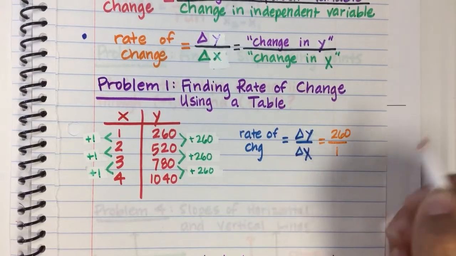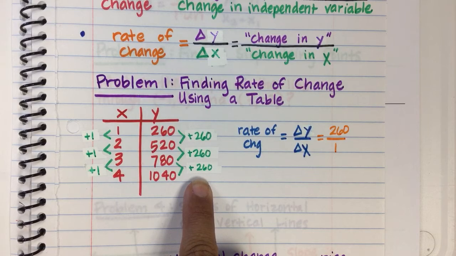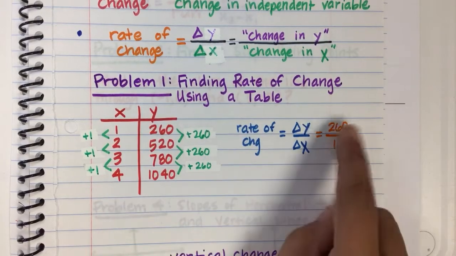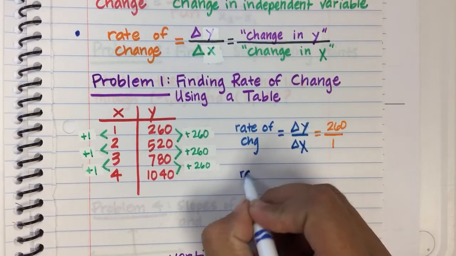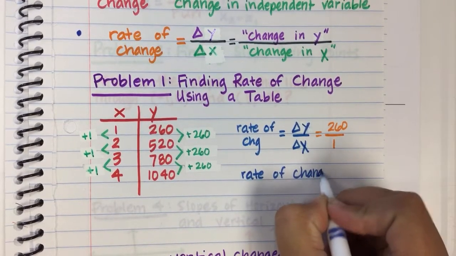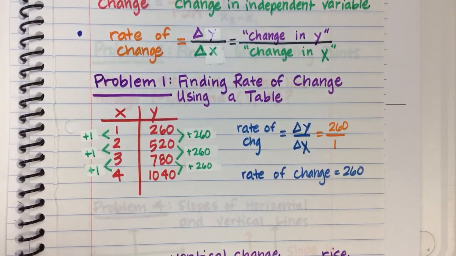then I'm going to use these changes, 260 divided by 1, because my y value is changing by 260 each time, and my x value is changing by 1. So that's 260 divided by 1. So the rate of change here is equal to 260.